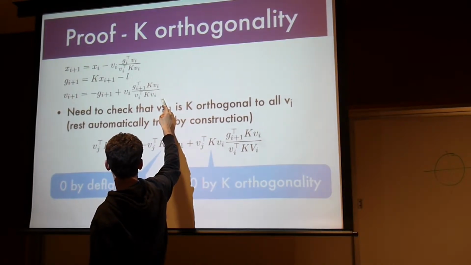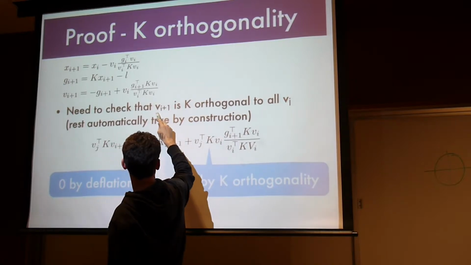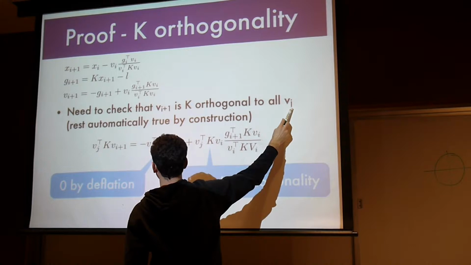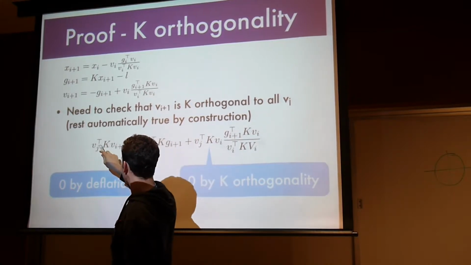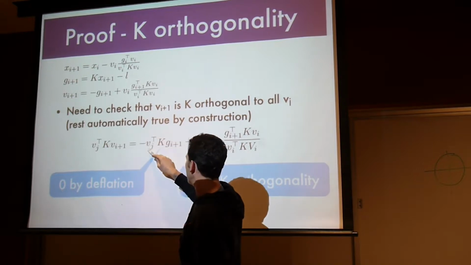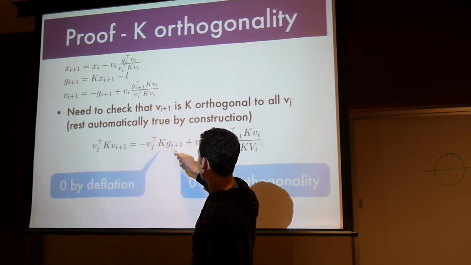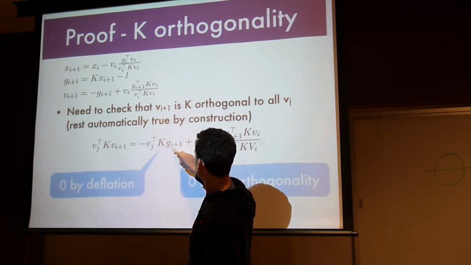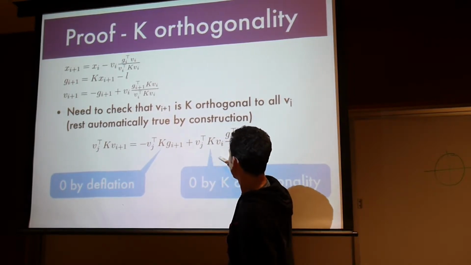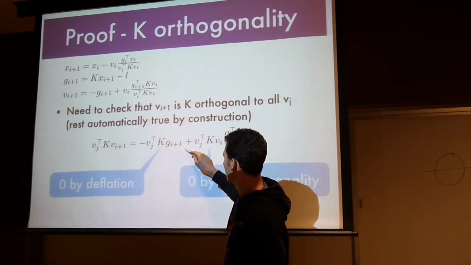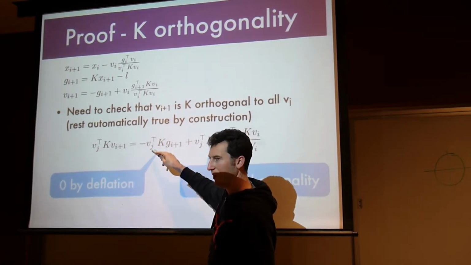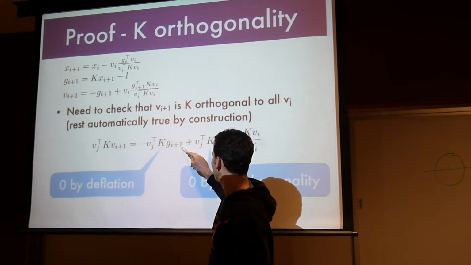And now we just need to check that this (i+1)th vector is k-orthogonal to all the v_j's. So v_j transpose k v_{i+1} is minus v_j transpose k g_i plus, and now here we have this entire correction. Now this was k-orthogonal by our update that we picked before.